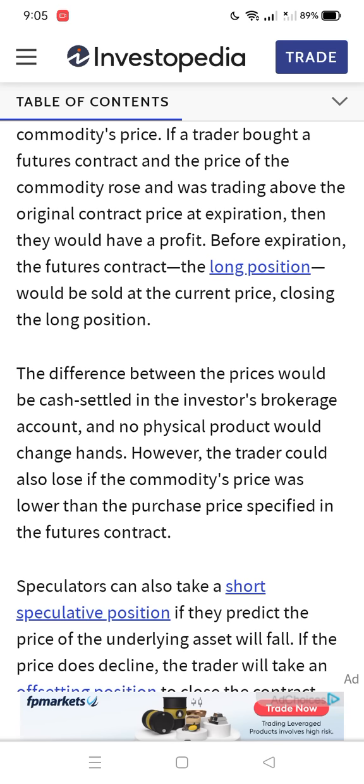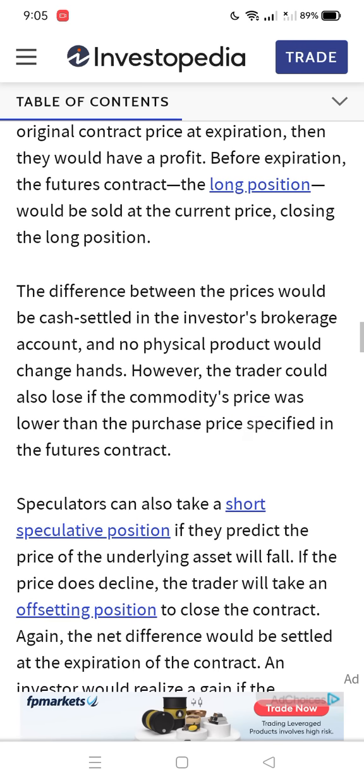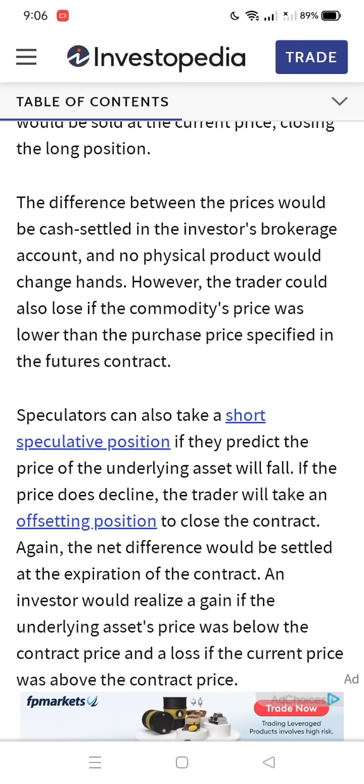The futures contract, the long position, will be sold at the current price, closing the long position. The difference between the prices will be cash settled in the investor's brokerage account. No physical product will change hands.